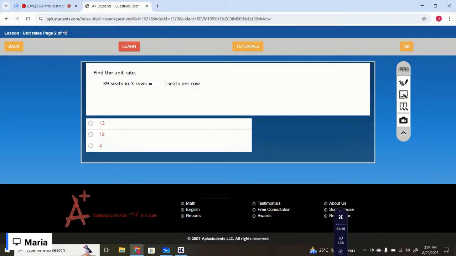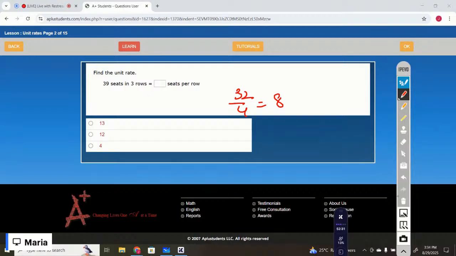Thirty-nine seats in 3 rows. How many seats per row? We need to divide 39 by 3.